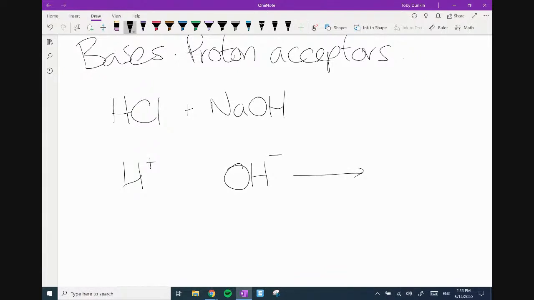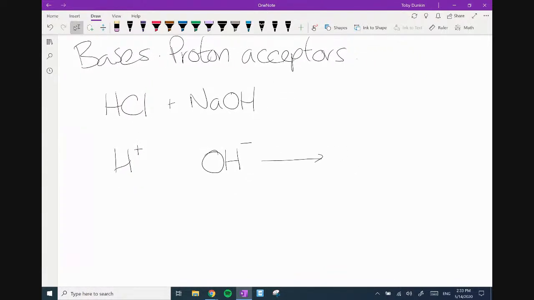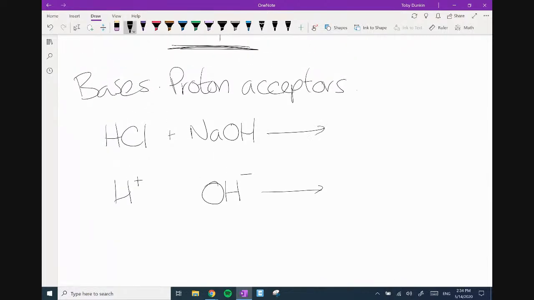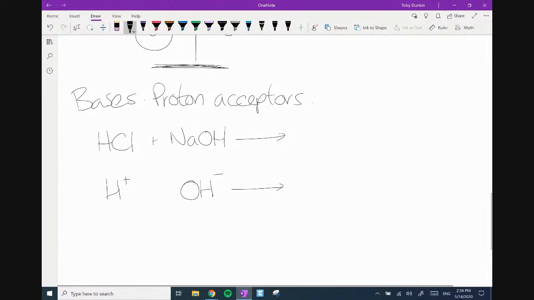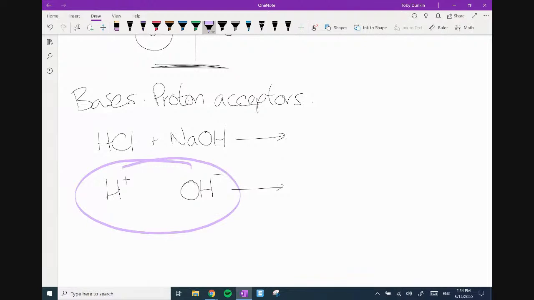What do opposite charges do? I think attract. Thank you. And what's going to happen when these guys collide? What are they going to become?